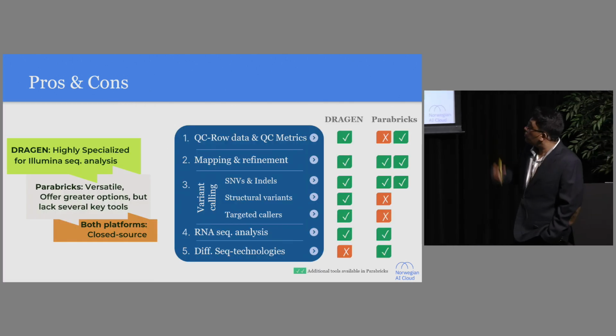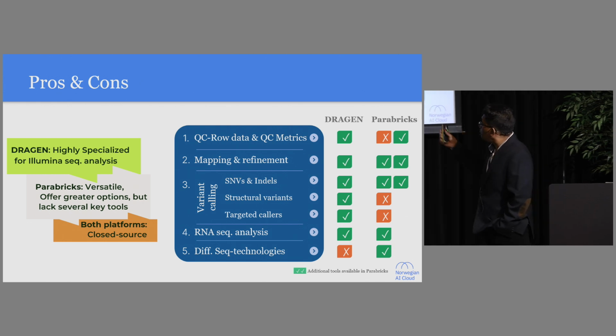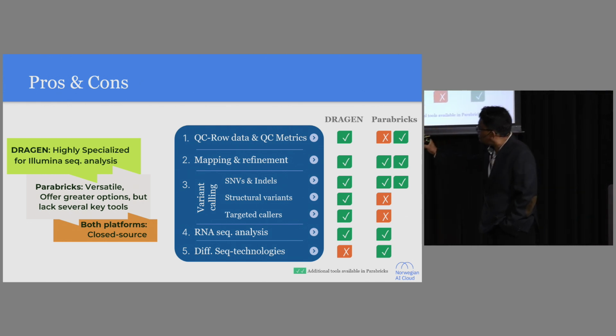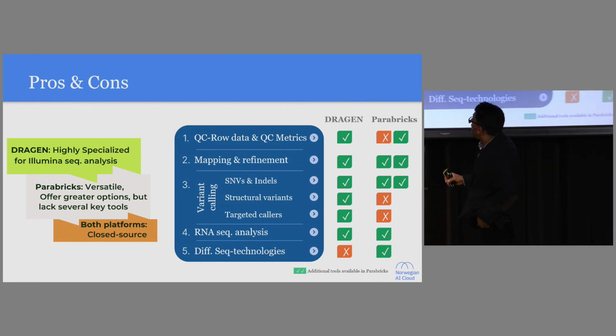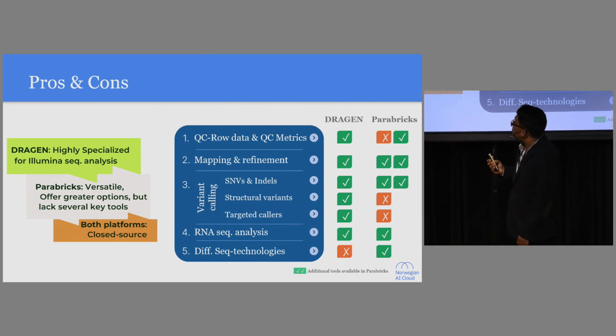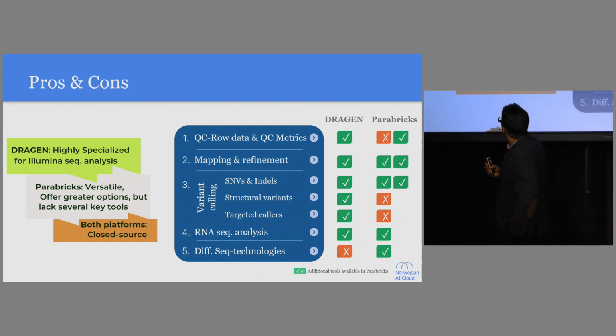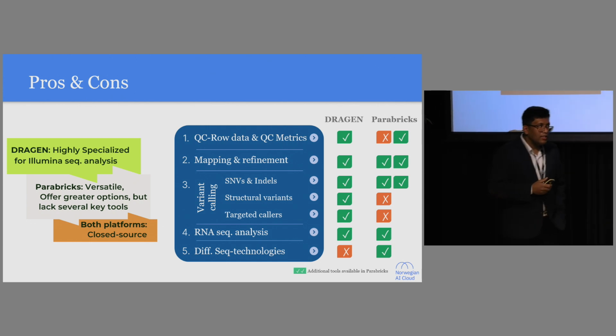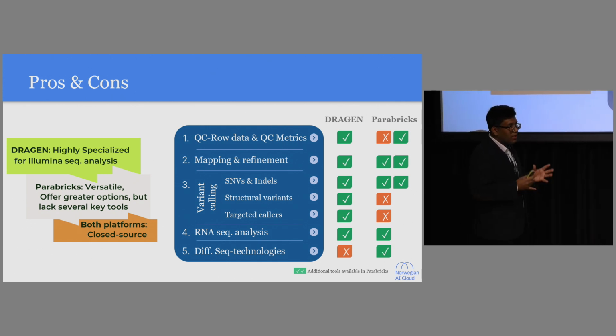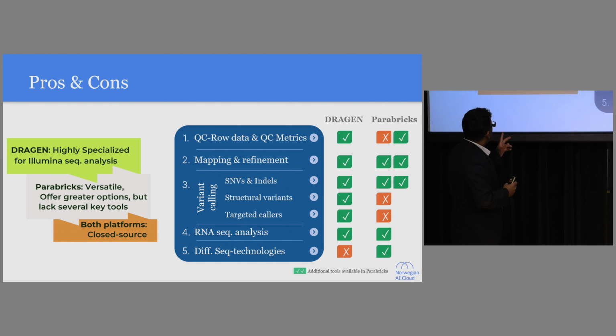So we can talk about pros and cons. There is a text-heavy slide, but the take-home message is over there. What we saw is that DRAGEN is highly specialized for Illumina sequence analysis. DRAGEN is offered by Illumina, so they are tightly coupled. And why do we say it is highly specialized to run sequence analysis?